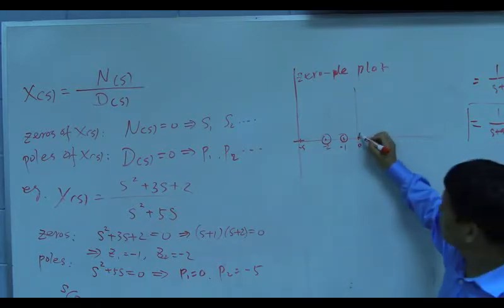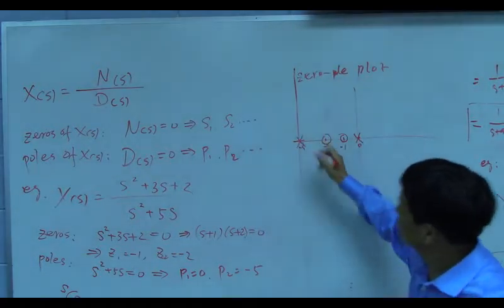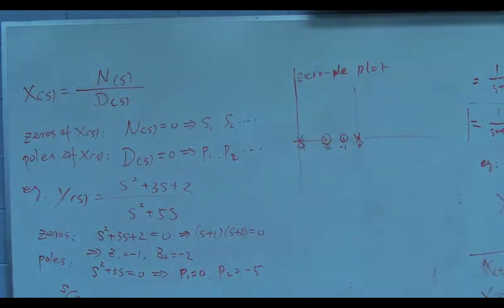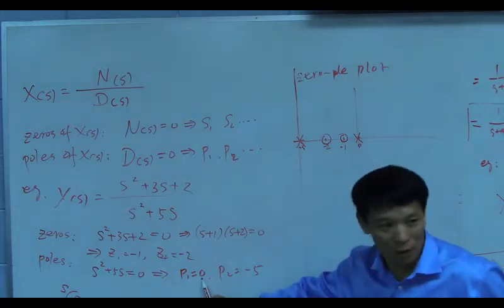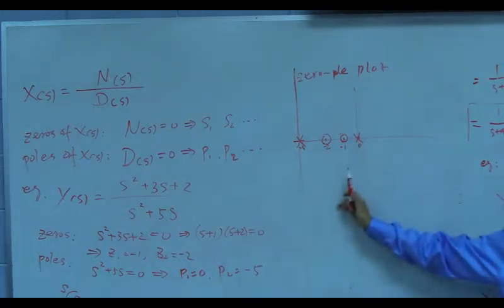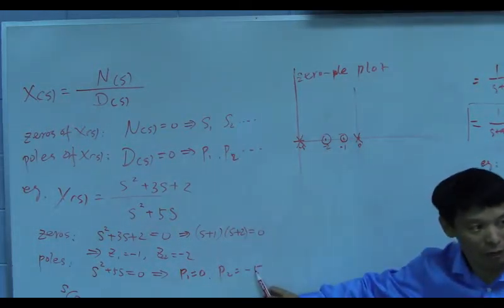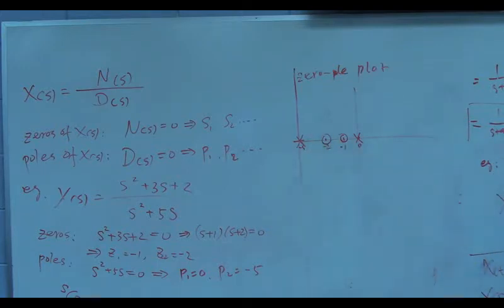And for a pole, I will use a cross to represent. Question on this? Wait, what's the cross for? The cross means a pole. So we have two poles, one is at 0, so at 0, a cross. Another one is at -5, a cross.